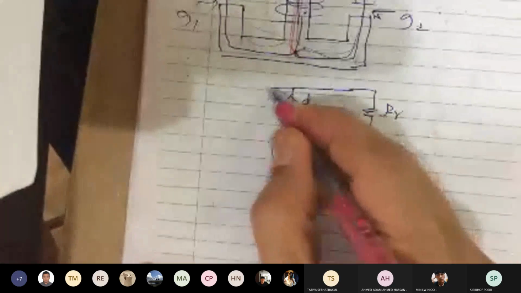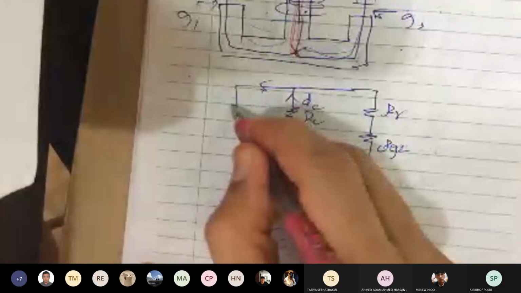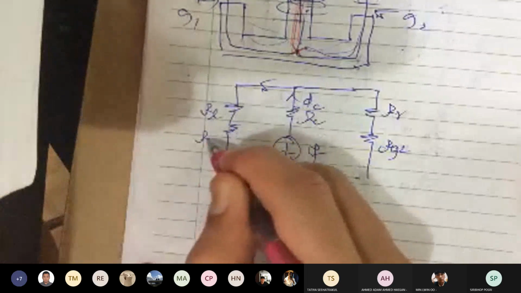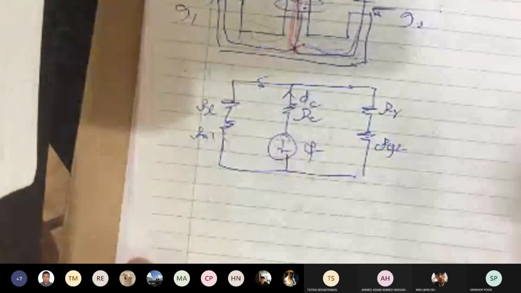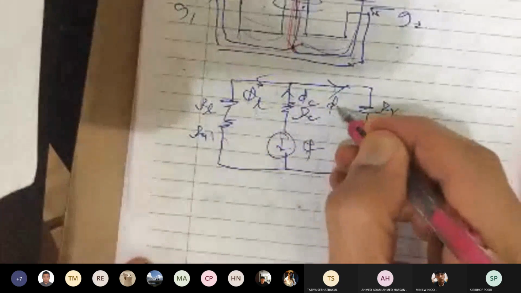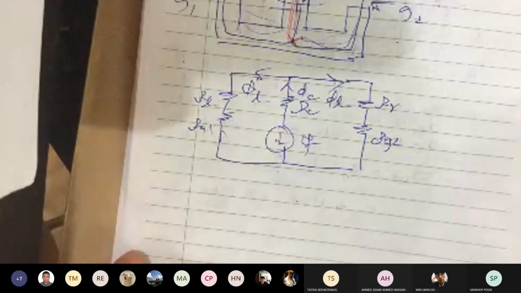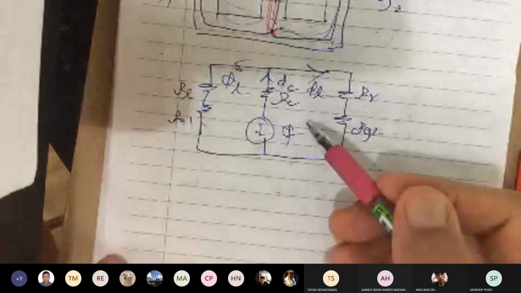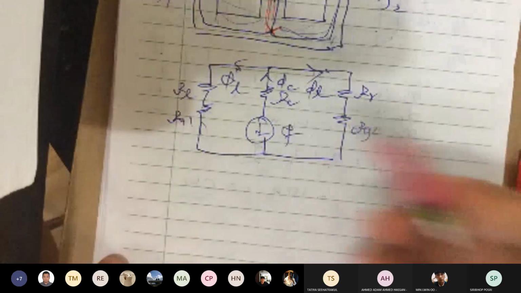Okay, go to the left. Similarly, R left, RG1. See? Phi left, phi right. Okay. Then the rest is the same, just like the example in your notes.